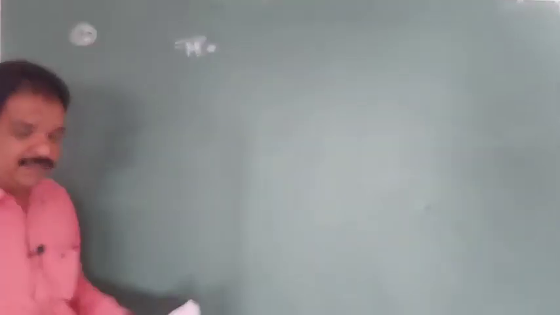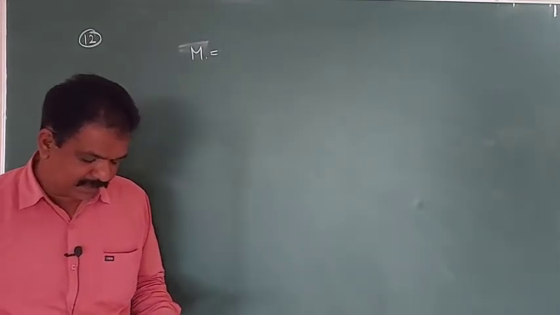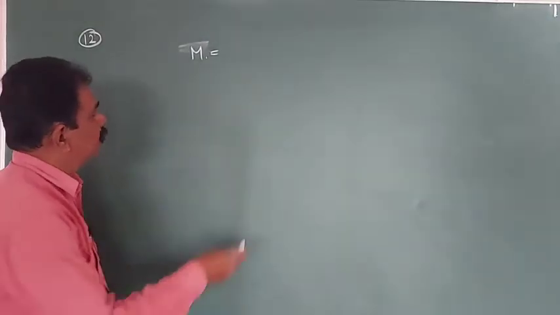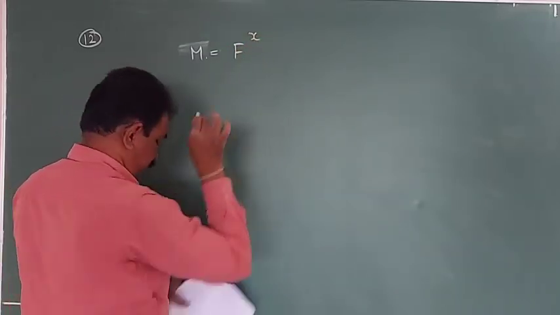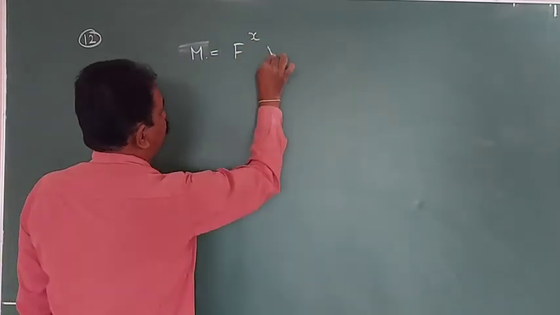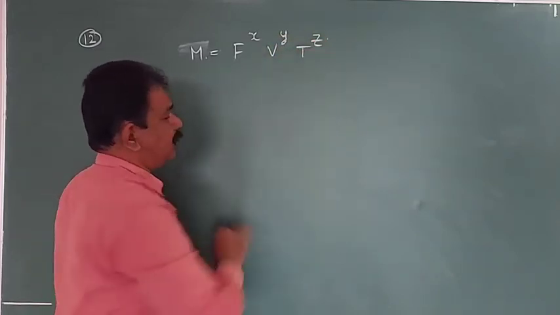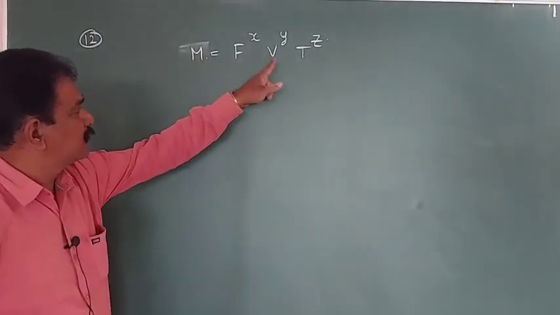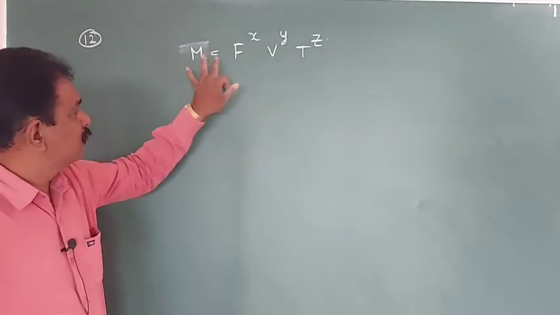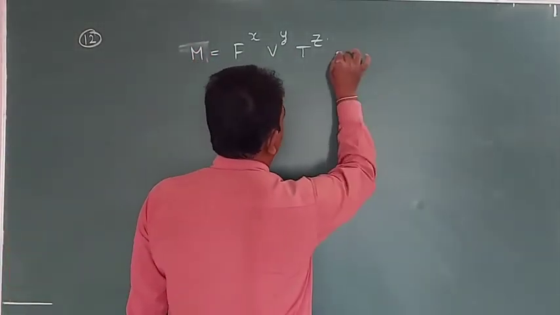Express mass in terms of force, velocity and time, that is the question. What we have to write? F power x, next velocity V power y, time T power z. Let it be equation 1.